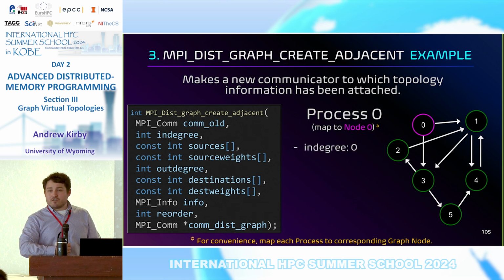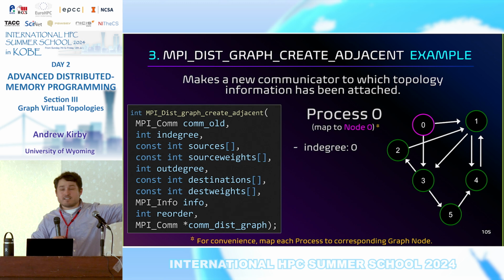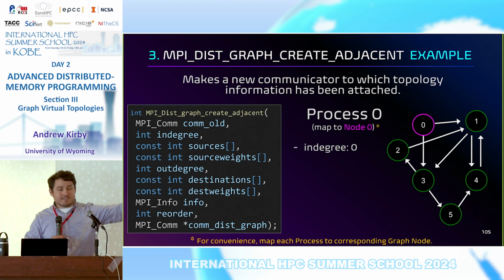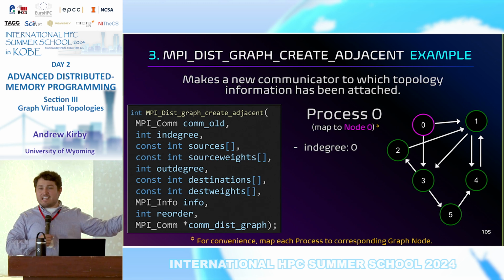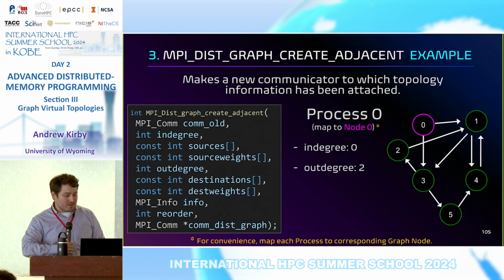The in degree of node 0, it has no edges coming into it, right? In degree specifies the sizes of sources and source weights. So are we going to have any sources or source weights? Well, no, because there's no connection. So we can actually skip over that one.